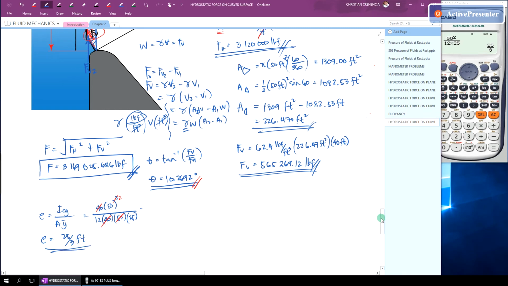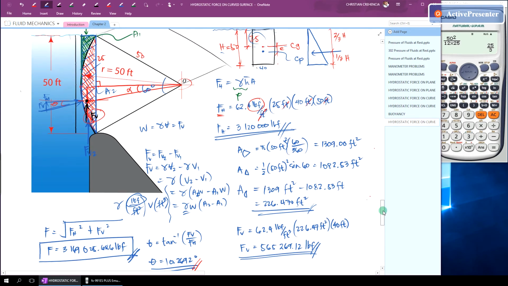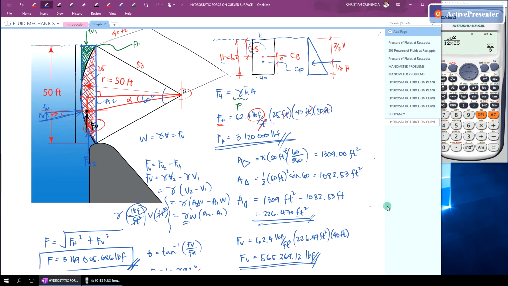So ano yung alternate solution? Okay, so based nga dito. Pero yung distance kasi na kailangan natin is from the center of the gate pababa doon. Okay. So dito 1/3 h is equal to 50 over 3. Okay. Then eto naman mula dun sa center pababa dito.